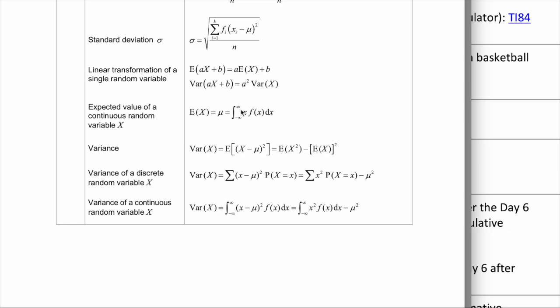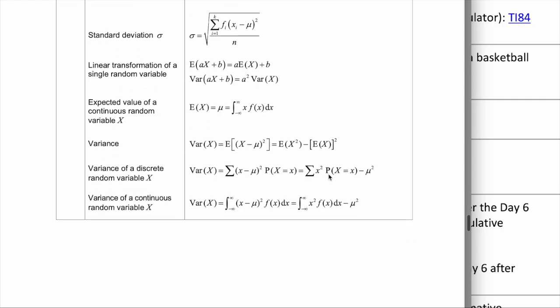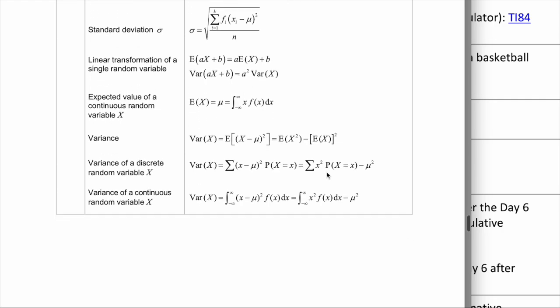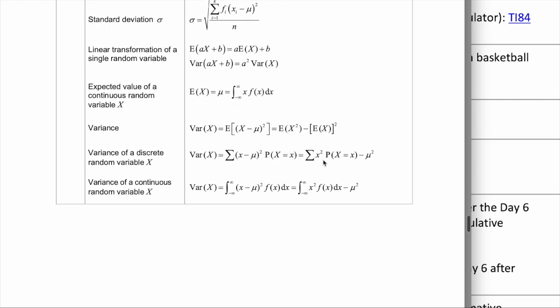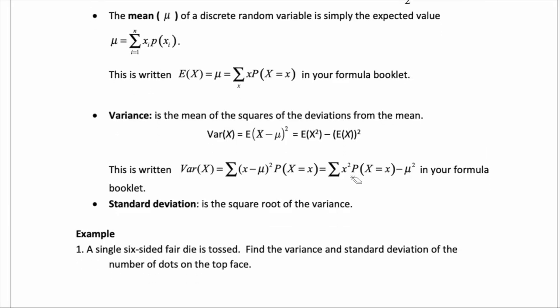We just did the expected value, but the variance is here. This formula here, you do x squared times the probabilities, and then you minus the expected value squared. Or maybe you can see it better here: expected value of x squared minus expected value squared. So we're going to use that in a second.